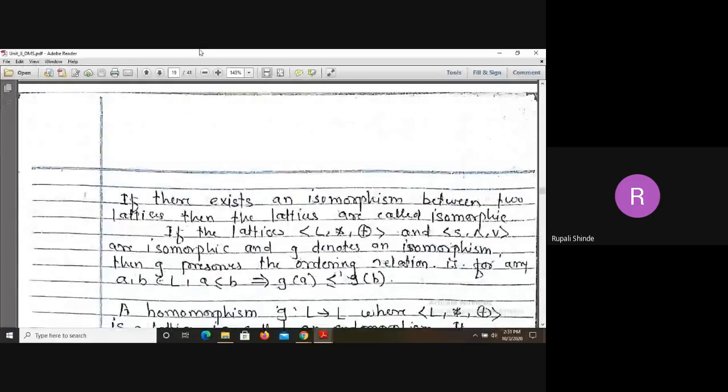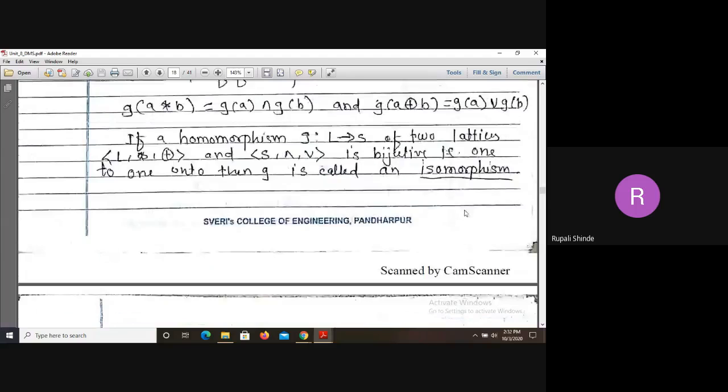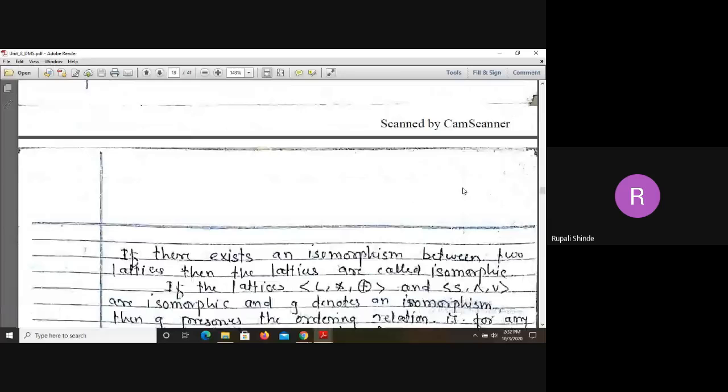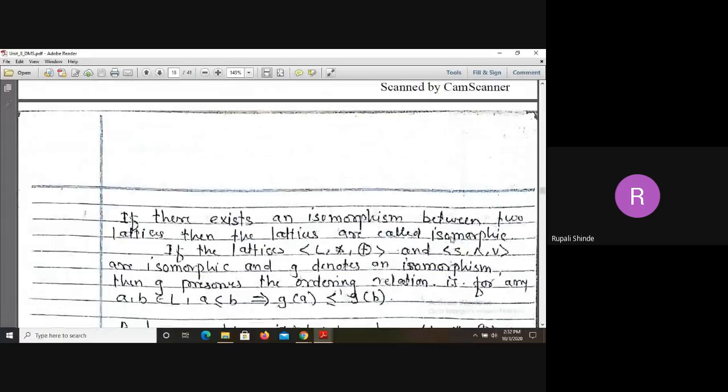So again, if there exists an isomorphism between two lattices, then those two lattices are called isomorphic. जर त्या दोन lattices मध्ये isomorphism असेल, then those two lattices are called isomorphic to each other.